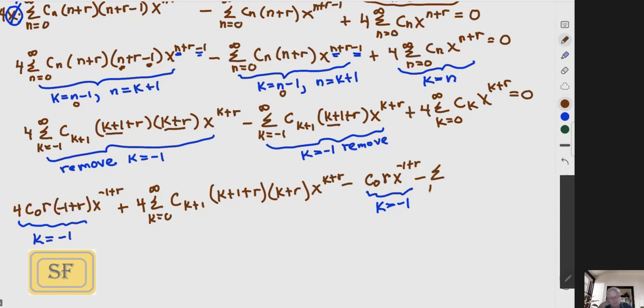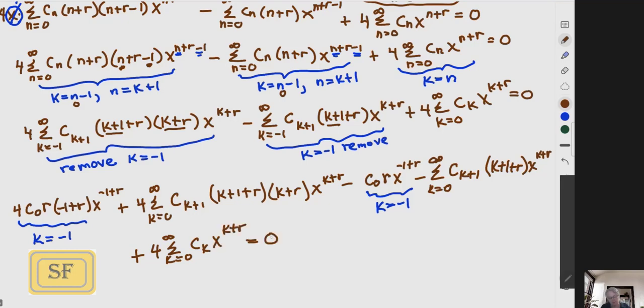And I think I can fit this here. k equals 0, because I've taken away the -1 term, to infinity, c sub k plus 1 times k plus 1 plus r, x to the k plus r, and then the last term I'm just going to copy, plus 4 sum, k goes from 0 to infinity, c sub k, x to the k plus r equals 0.